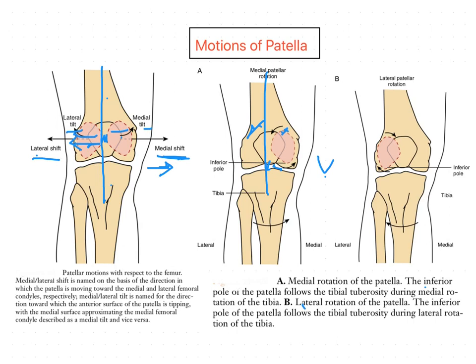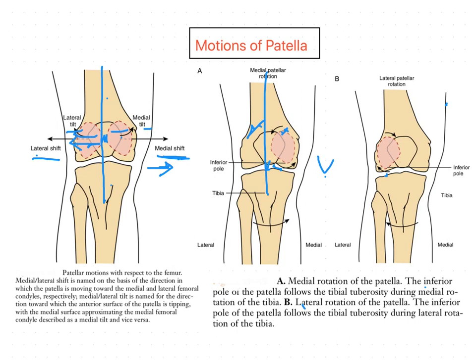If you see the lateral patellar rotation, what will happen? The inferior pole of the patella follows the tibial tuberosity during the lateral rotation of the tibia.